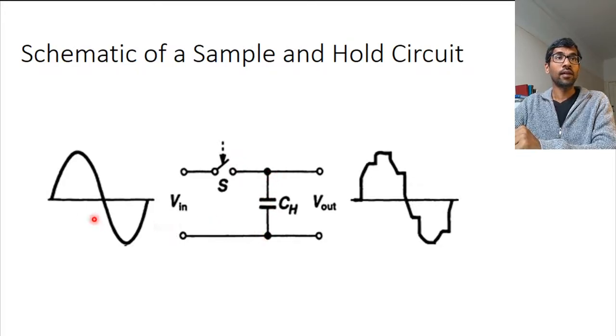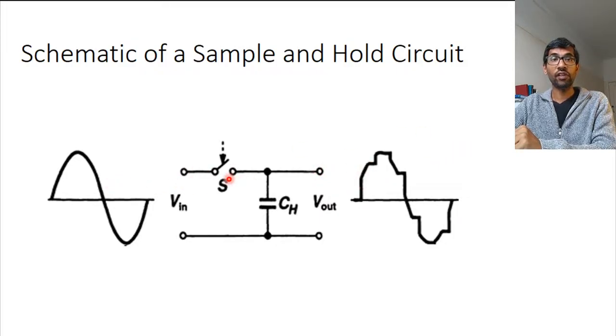Now, if you give the input and if the switch is closed, that is, this input is connected to the capacitor, the output is basically going to be equal to the input. So in the acquisition mode, the switch is going to be on, or closed. So the output will basically track the input.